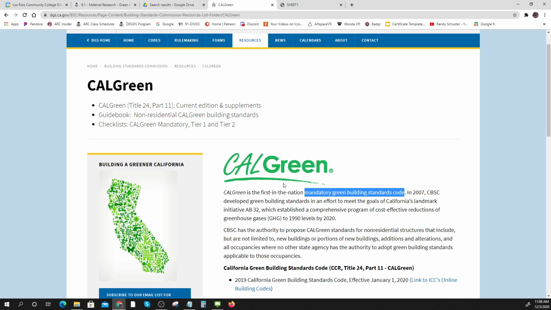So the scope is for non-residential. That's the biggest portion of it. There are now some new residential portions. It applies to every non-residential new construction or renovation of a certain percentage that is done in California that is a commercial non-residential building.